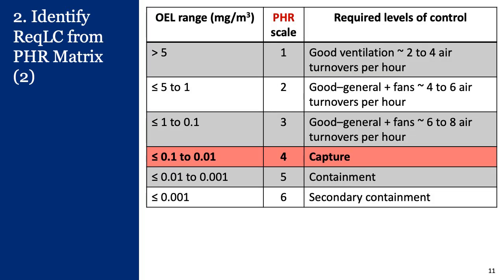So 0.03 milligrams per cubic meter is PHR scale number 4, so it's between 0.1 and 0.01 milligrams per cubic meter. And it requires capture. The required level of control is capture.